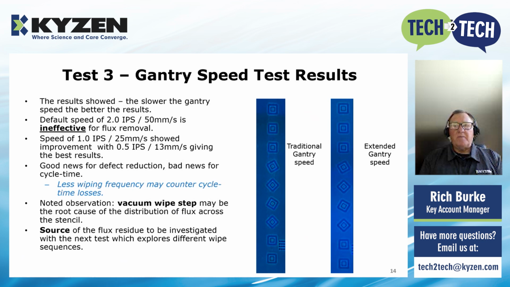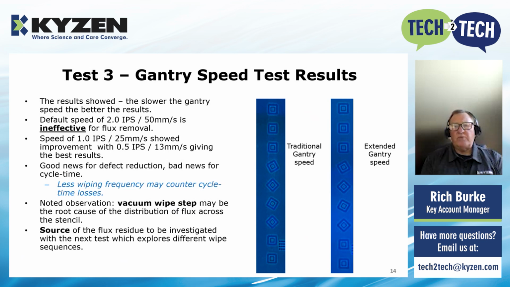That being said, because we're more efficient in terms of the actual cleaning step, it's very likely that the total cycle time can be balanced by increasing the number of prints between the actual wipe requirements. So it would likely give a better result and not have a hit to cycle time, is what we would say.